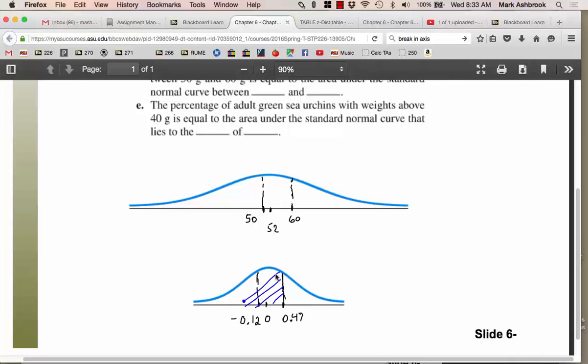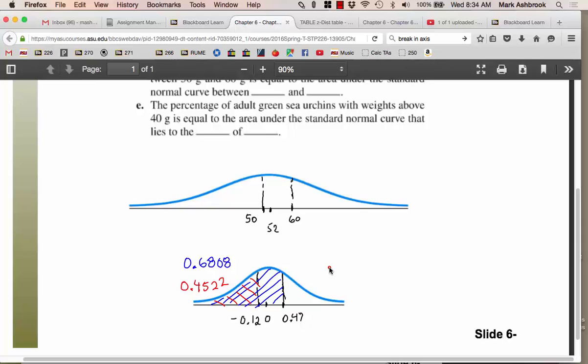So 0.6808 is what I'm shading in blue, everything to the left of 0.47 for a z-score. And then you subtract the percentage for negative 0.12, and that's 0.4522. So the red area is 0.4522.